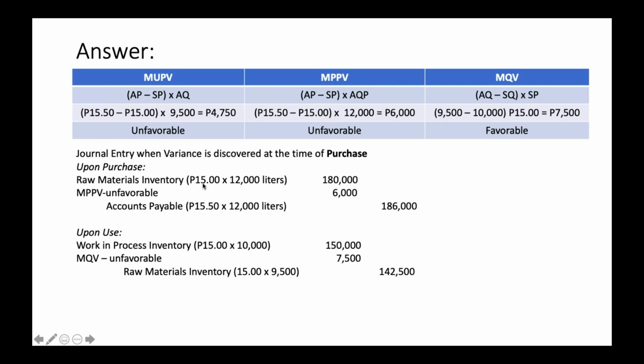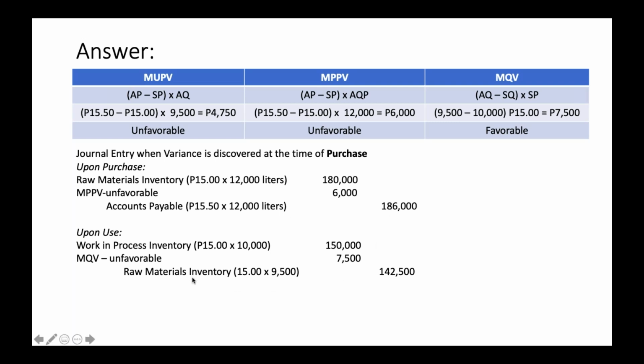Debit raw materials, standard price at actual quantity purchased, debit 180,000, and then debit material price variance, purchase price variance of 6,000, that's unfavorable, and then credit actual price at the actual quantity, 186.